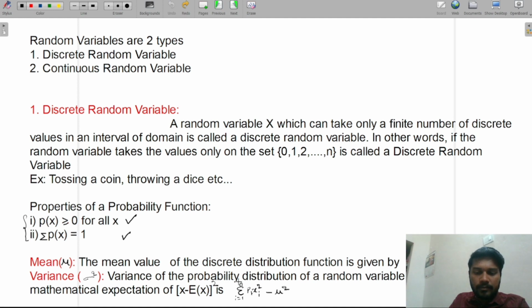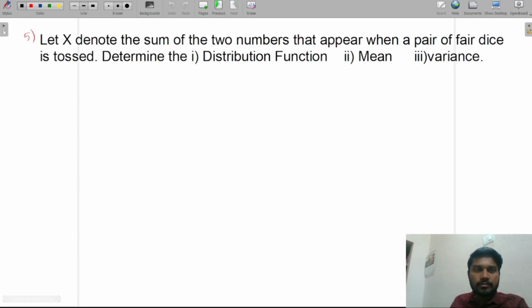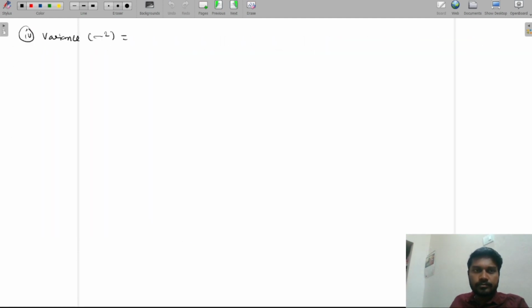I'm writing that formula. Summation pi into xi square minus nu square. So it is nothing but probability multiplied with random variable square. Yes, so I can write it here.